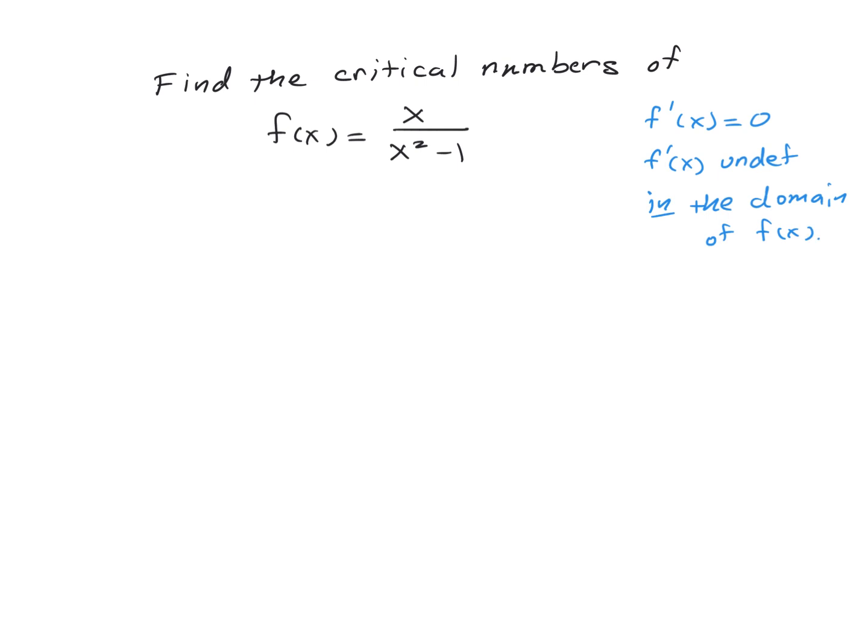So to find this derivative, and therefore the critical numbers, we want to use the quotient rule. Our derivative f prime of x is going to be the derivative of our numerator, which is 1, times our denominator, minus our numerator, times the derivative of our denominator, which is 2x. And of course, that's divided by our denominator squared.